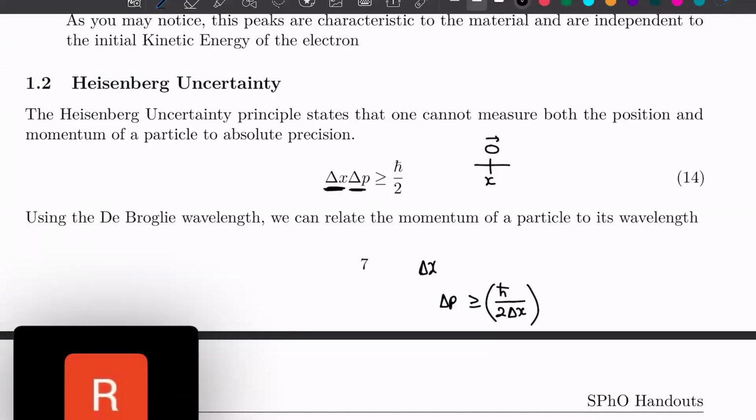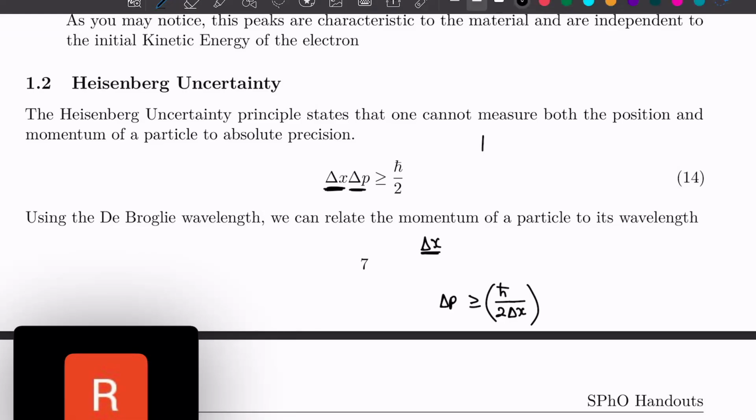In many cases, they won't tell you what exactly delta X is. Sometimes they do, sometimes they don't. In the cases they don't give you what delta X or delta P is, sometimes you have to assume. There's one question that I have seen before.